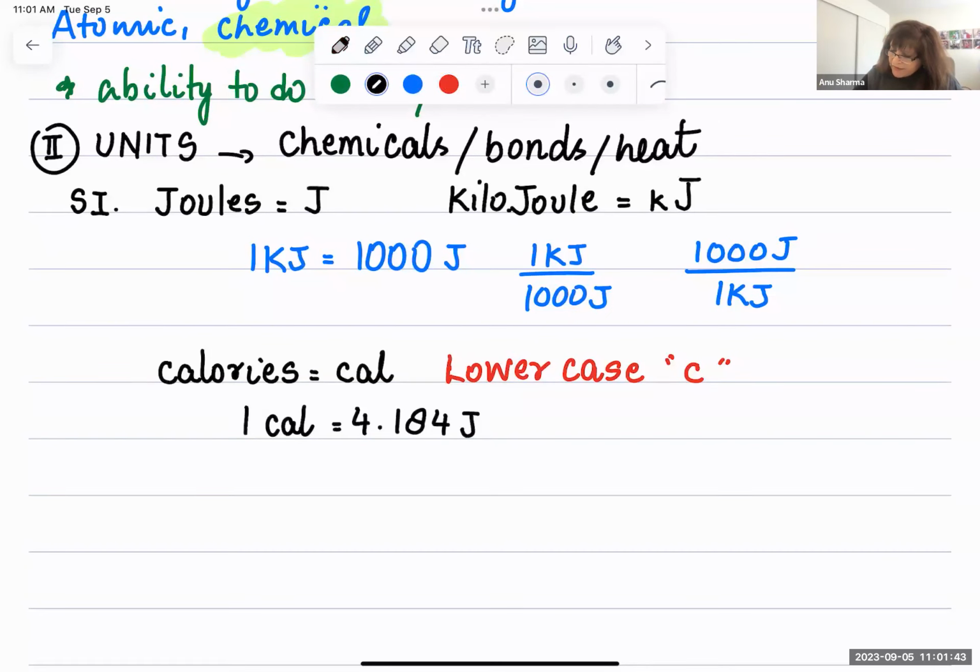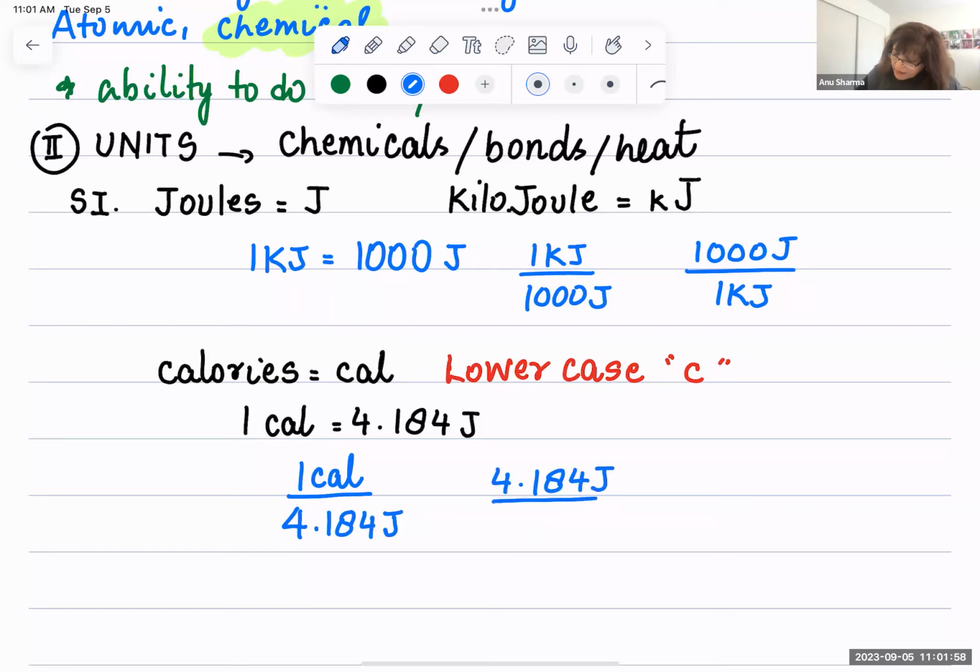They are 1 small calorie over 4.184 joules, or 4.184 joules over 1 small calorie. These are the two conversion factors.